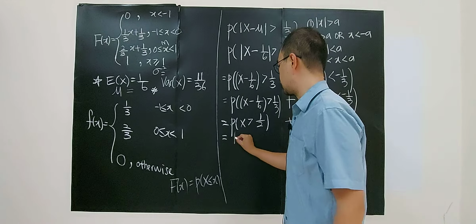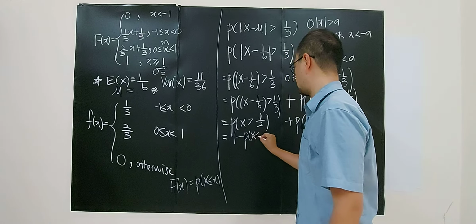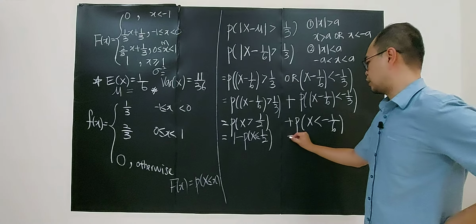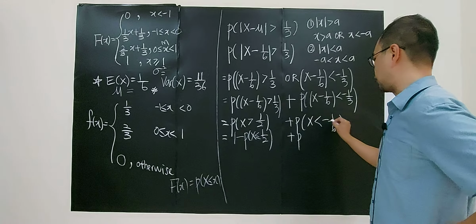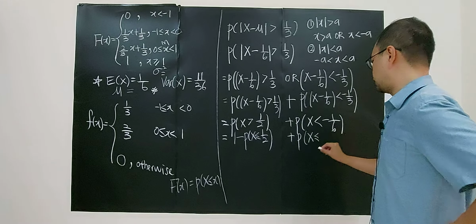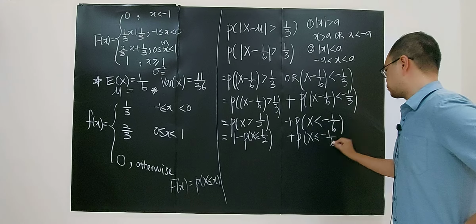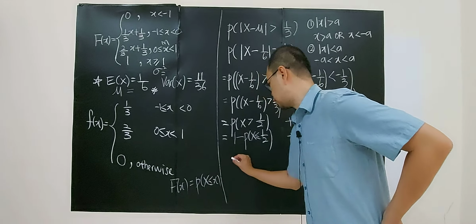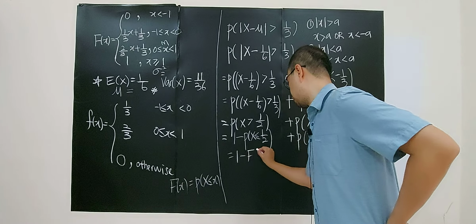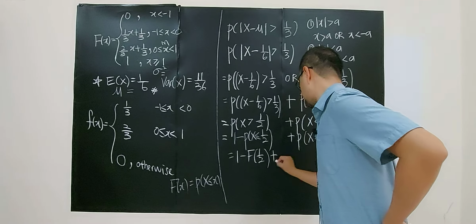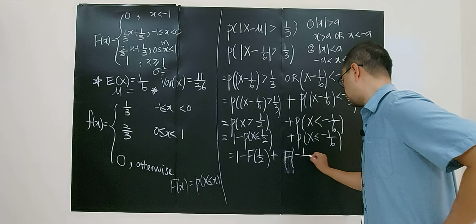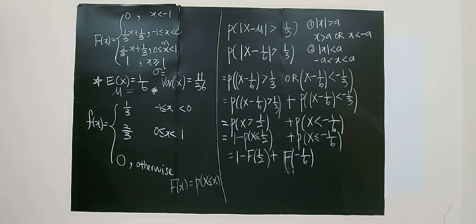So we can rewrite this to become 1 minus P(X less or equal 1 over 2). Convert to less than. And this one is the same as P(X less than negative 1 over 6), which in a continuous random variable is the same as P(X less or equal negative 1 over 6). Then you can use this to convert into F. So 1 minus F(1 over 2) plus capital letter F(negative 1 over 6). It's a lot easier compared to using the probability density function.